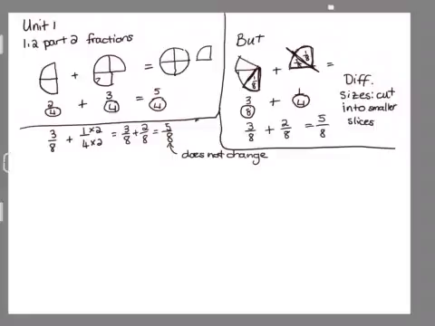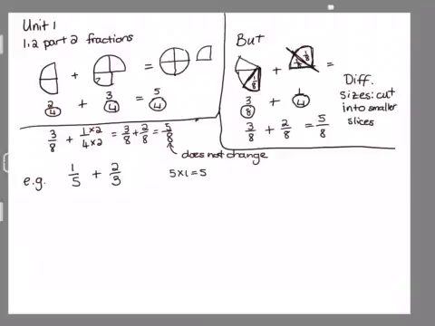Right, let's do an example from scratch without the pictures. What if I had 1/5 plus 2/3? So now I'm going to say, oh, I need the same denominator. How on earth do I get the same denominator? Take your biggest one, the 5, and look at 5 times 1 is 5.